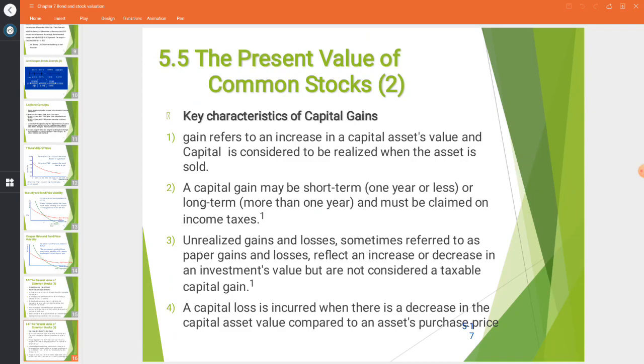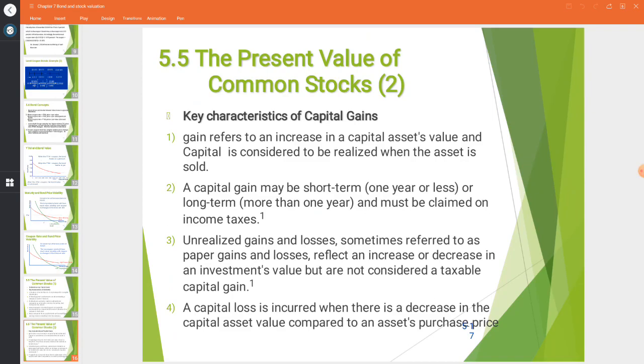Let us now move to discuss the main characteristics of capital gains. When I say gain, this refers to an increase in capital asset value, and capital gain is considered to be realized when the asset is sold.